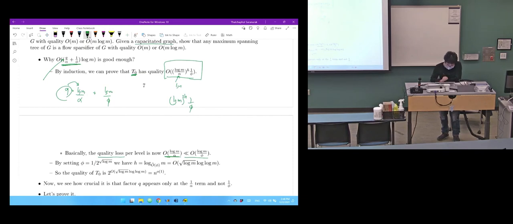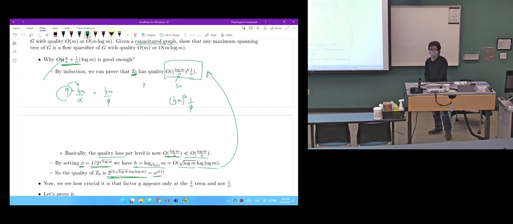If you set alpha to be this much, then h is going to be something like root log m times log, and then put everything into this, you get the quality, which is this thing, which is now subpolynomial. It's not polylog, but it's subpolynomial.